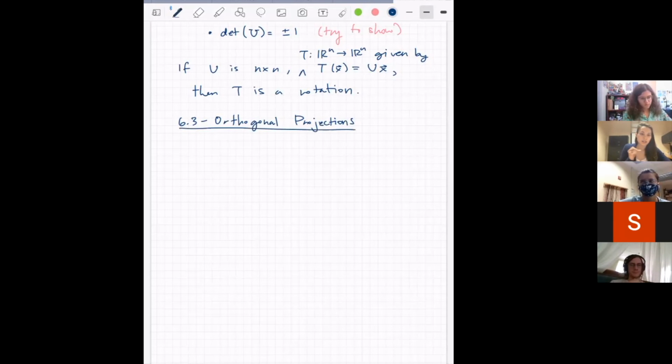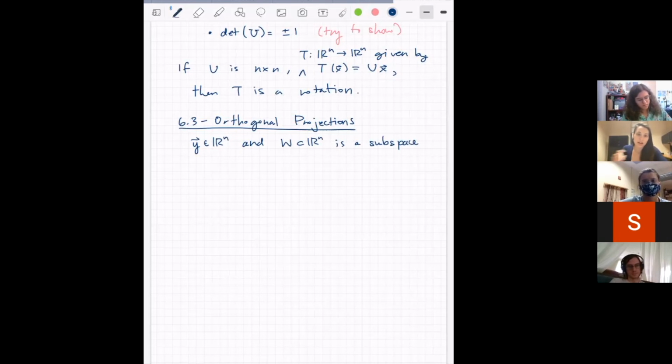And the idea here is what I was referring to earlier, where we can project onto higher dimensional subspaces. So I am going to do my best to draw a picture. Okay, so say we have a vector y in Rn, and W is a subspace of Rn.